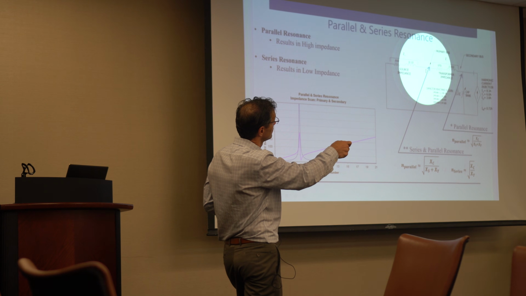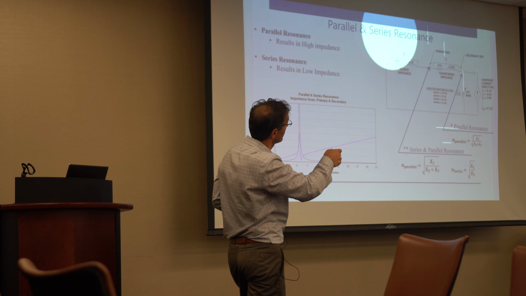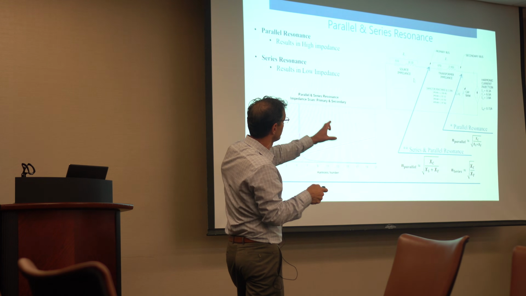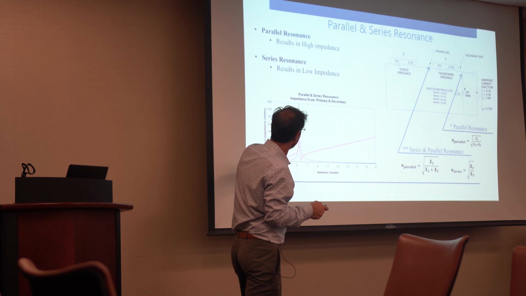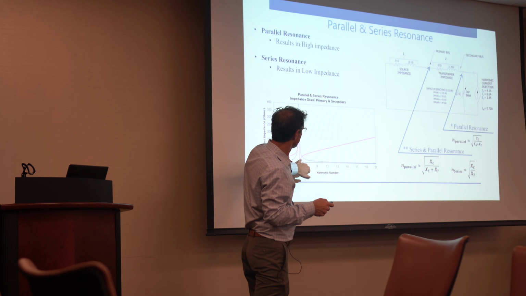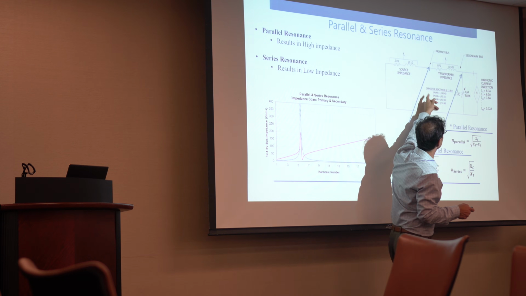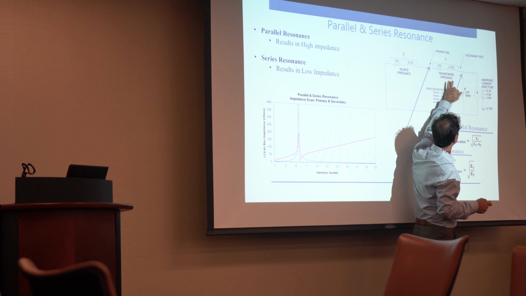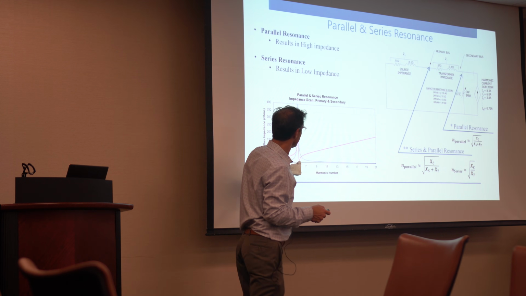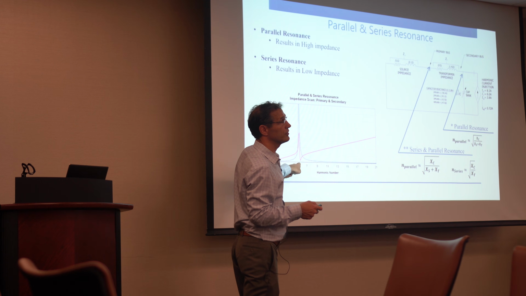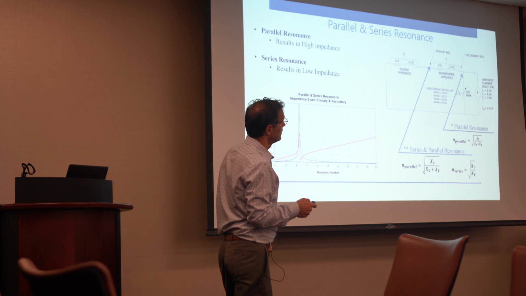You can see there's a parallel resonance here, and here you have a series resonance. Coming from this point, X_L will at some point equal X_C, and I would have a very low impedance, that would be this. But then I also have a parallel resonance. So depending upon where you are, you can have parallel and series resonance.